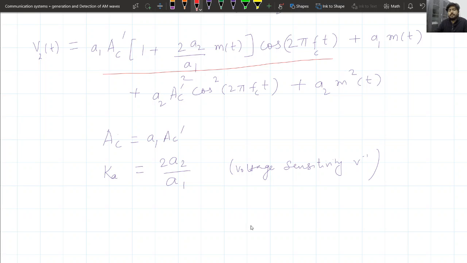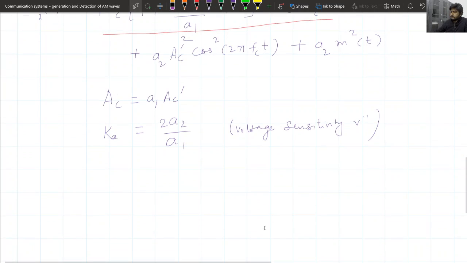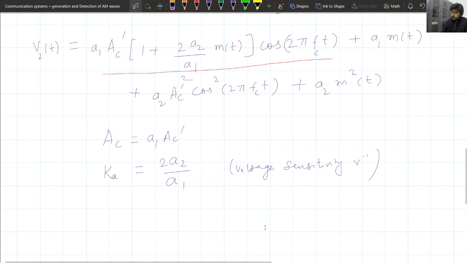All we have to do is to pass it with a band pass filter with a sufficient cutoff frequency. So we can write it once more.